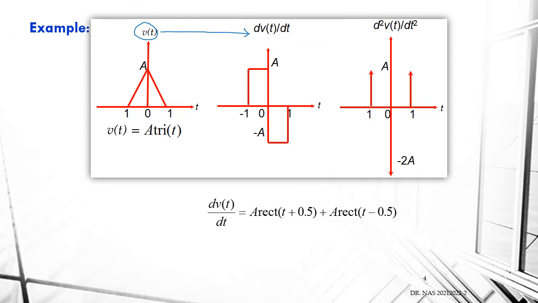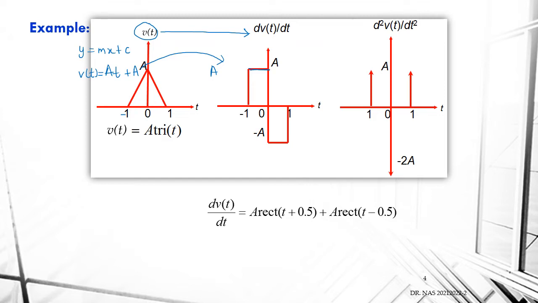You need to know the equation of v(t). In this case, you can see that v(t) equal to, from the basic equation y equal to mx plus c, the slope or the gradient is A over 1, so it's At plus A. When you differentiate this, you get constant A. That's why from negative 1 to 0, you have constant A.